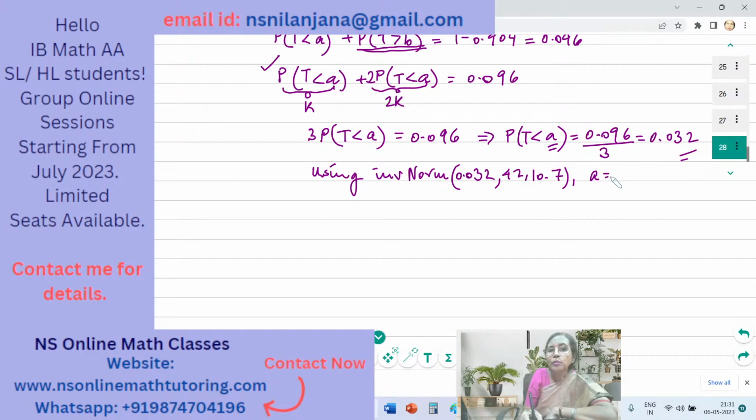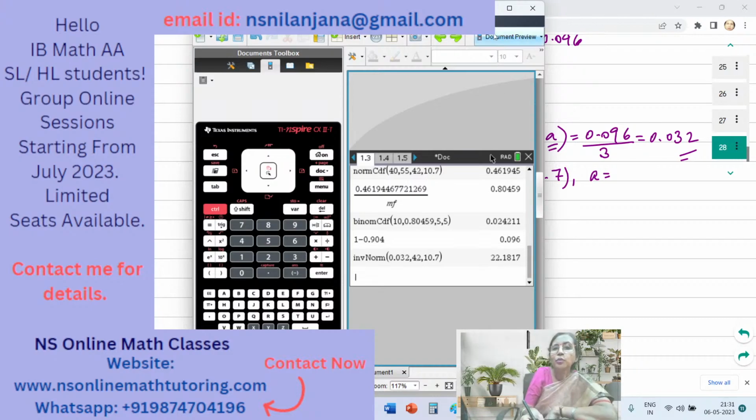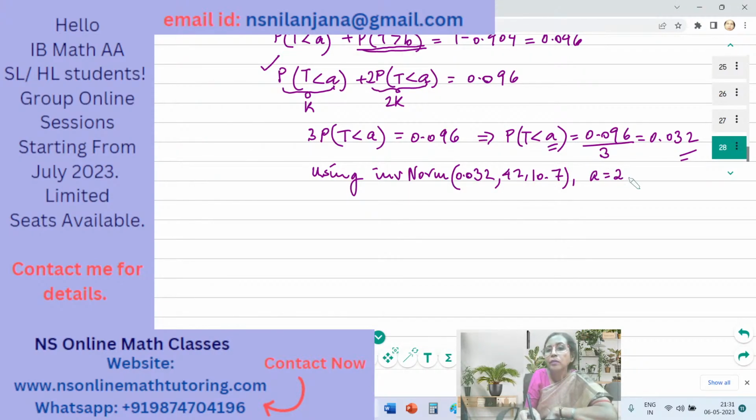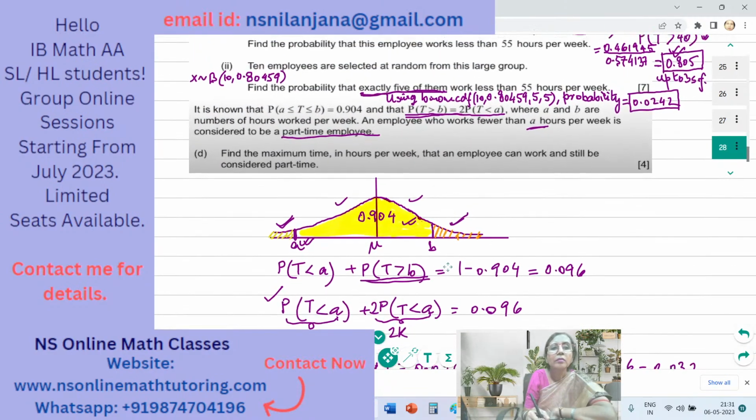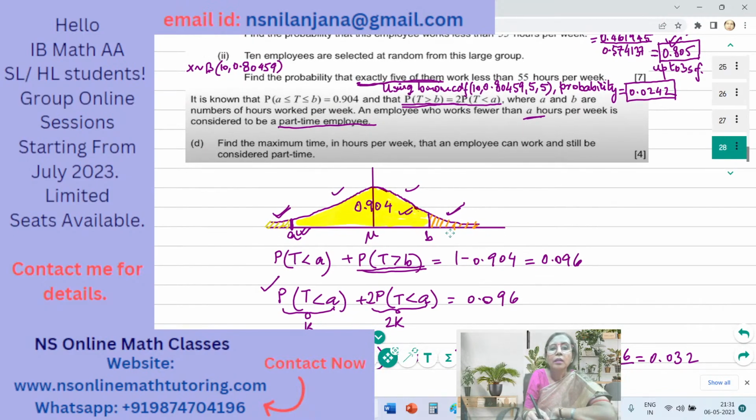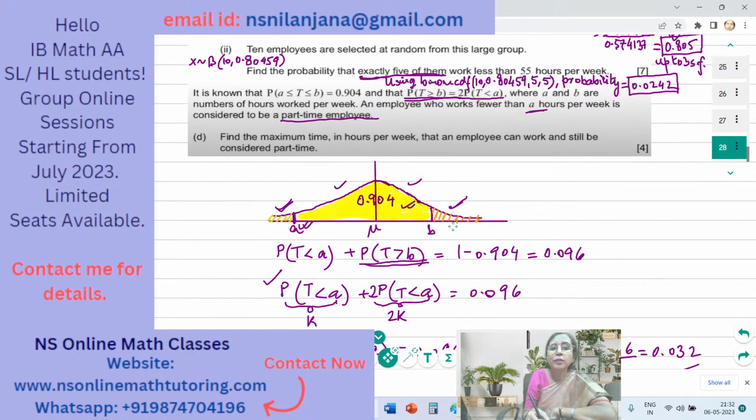A is 22.2 hours per week. A and B are number of hours worked per week.